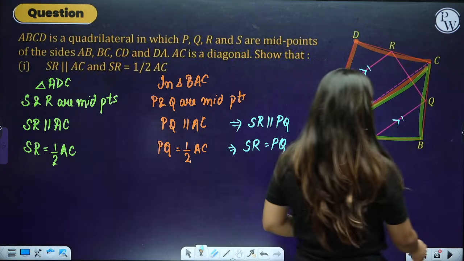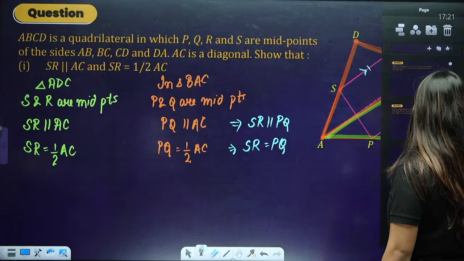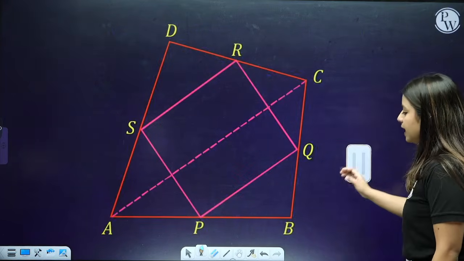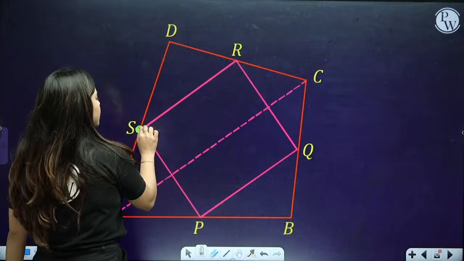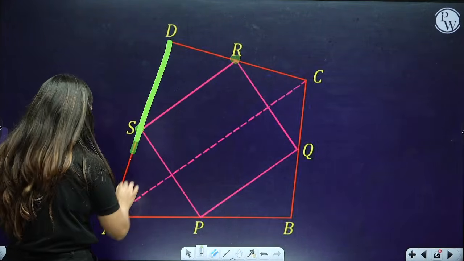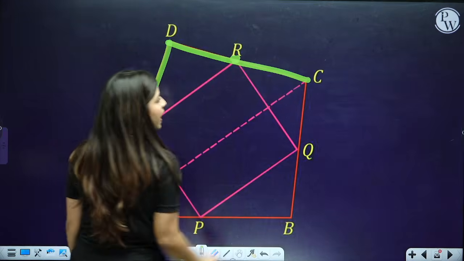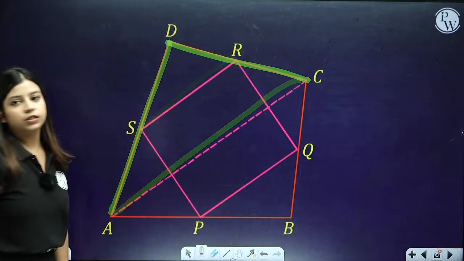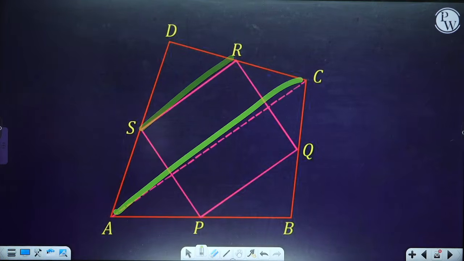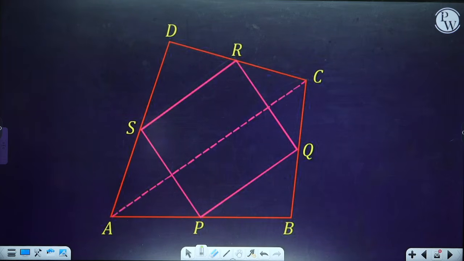Right? Okay. Now the next thing is, see, again I'll tell you from this figure what we have done. The very first thing, that S and R are the midpoints of DA and DC. If I join these 2 points, it will be parallel to the third side and it will be simply half of it. I hope that this thing is clear with everyone, right?